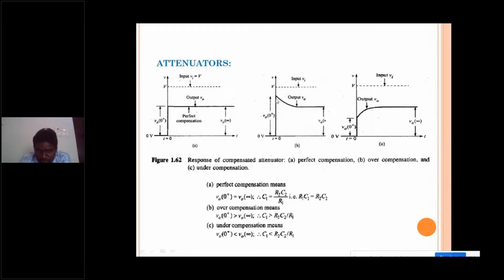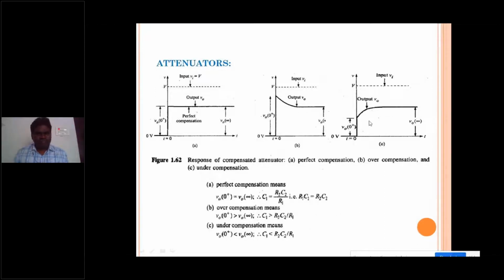At time t equal to 0 itself, the value reaches the maximum and then it keeps falling and remains at a constant level. This is overcompensation, which means we are not maintaining the balancing condition. The last case is undercompensation. In undercompensation, we are maintaining the C1 value less than R2 C2 by R1. That is why you are going to get this.